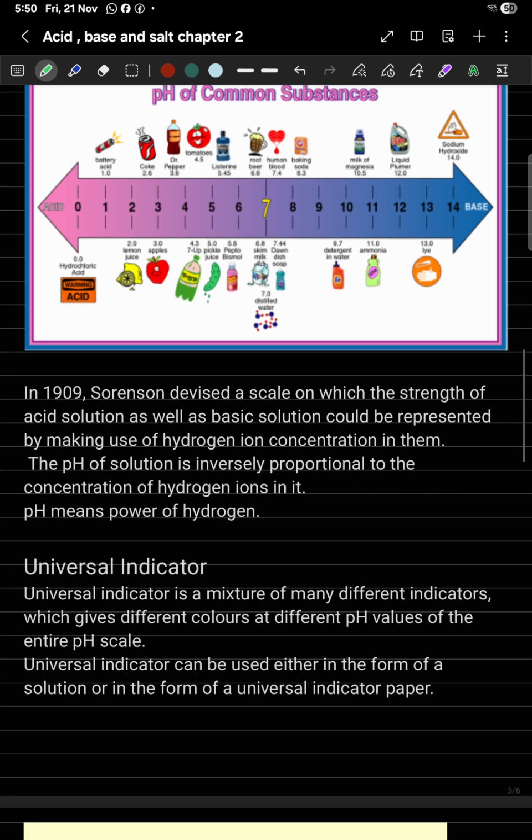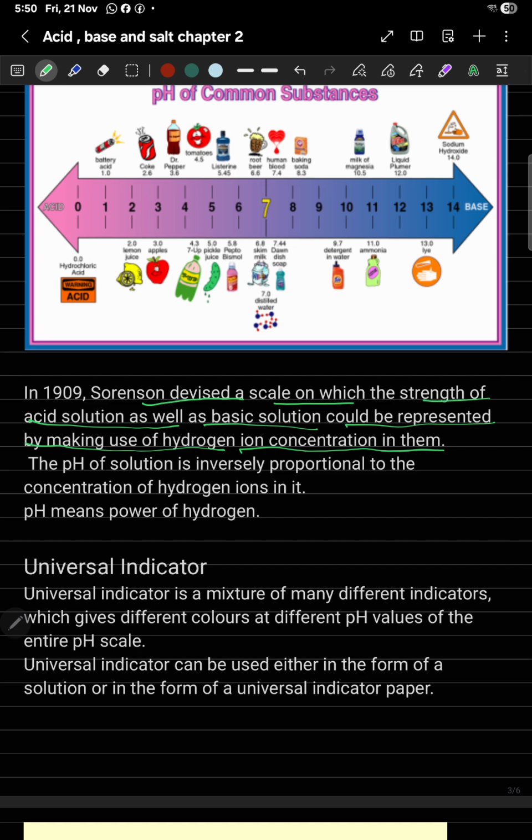First we understand what is the meaning of pH, then we go through it with the help of a diagram. In 1909, Sorensen devised a scale on which the strength of acid solution as well as basic solution could be represented by making use of hydrogen ion concentration in them.